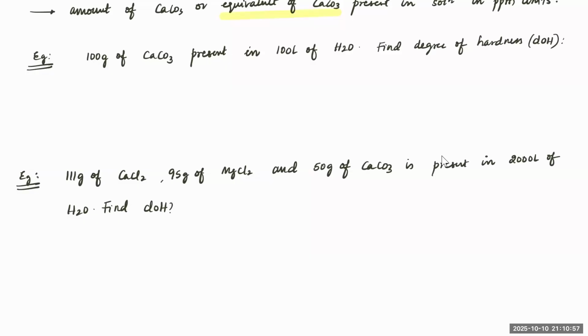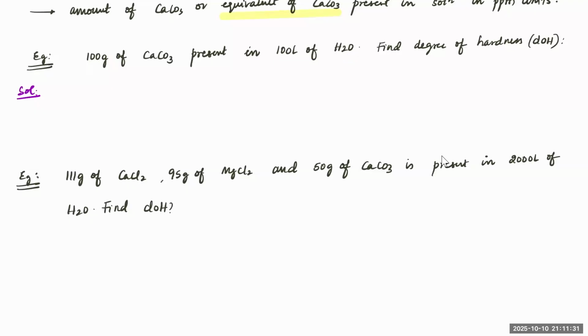Suppose I gave you 100 grams of calcium carbonate present in 100 liters of water, what is the degree of hardness? As much as the hardness of water is calculated, we always assume one thing, that the density of aqueous solution is 1 gram per ml. That ain't changing. Since the density is 1, the volume and weight will be equivalent.